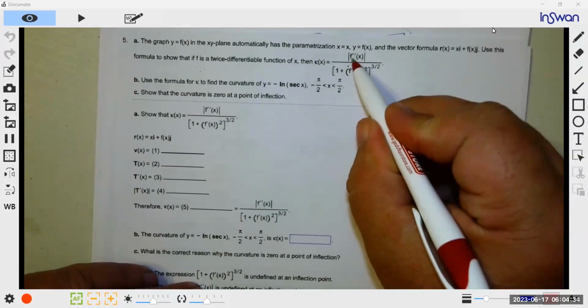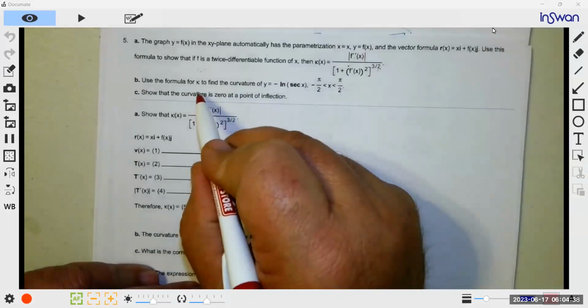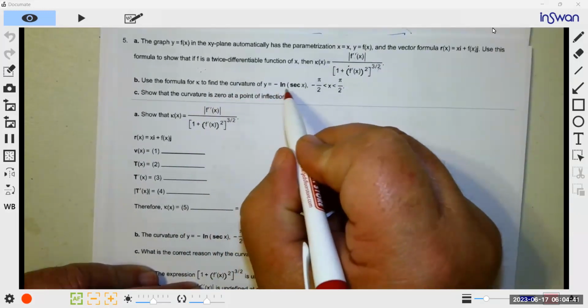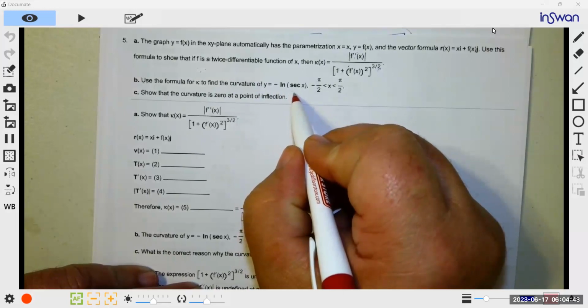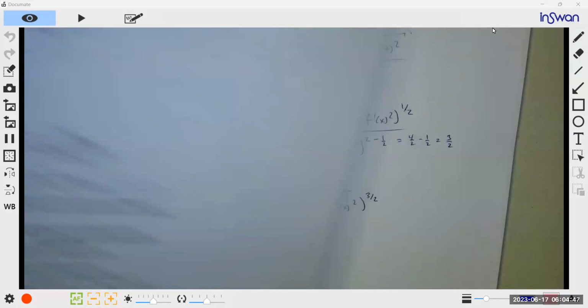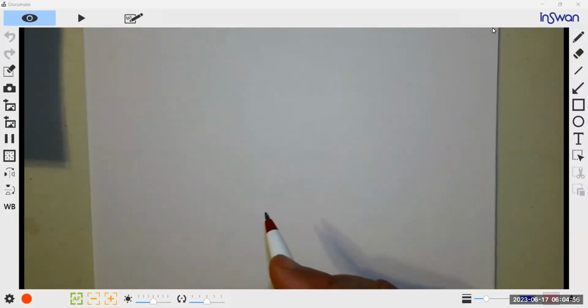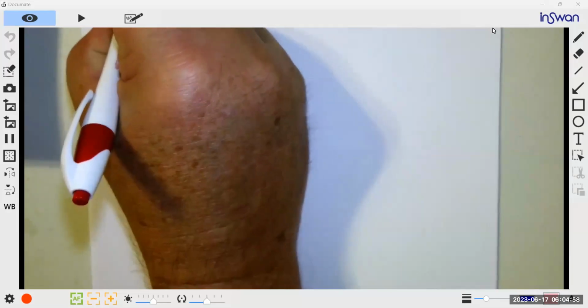The magnitude of f double prime over 1 plus f prime squared to the 3/2. Use the formula for kappa to find the curvature of that. So we have to use this formula, part 5b.